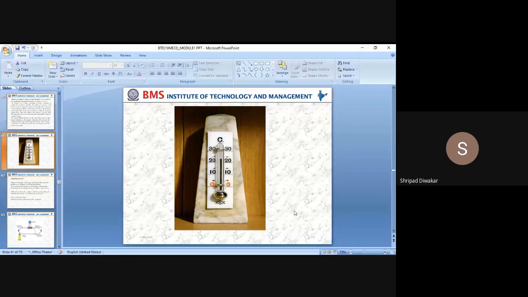On the other hand, wood, asbestos, plastic are very bad conductors of heat. So mercury is a very good conductor of heat and does not adhere to the walls of the tube. Next, it has a uniform coefficient of thermal expansion. Because of all these properties, mercury is used as a thermometric fluid.